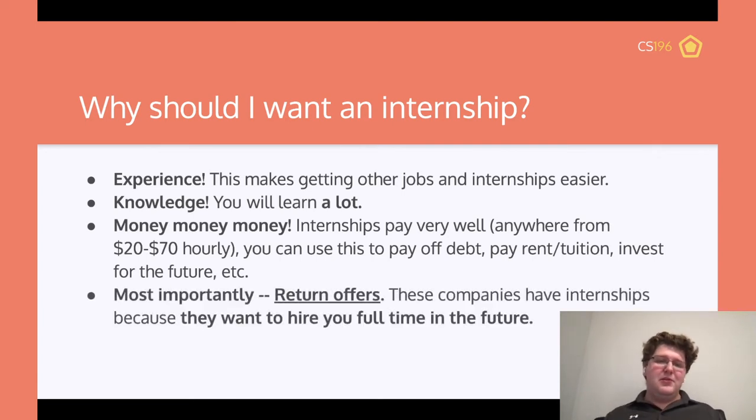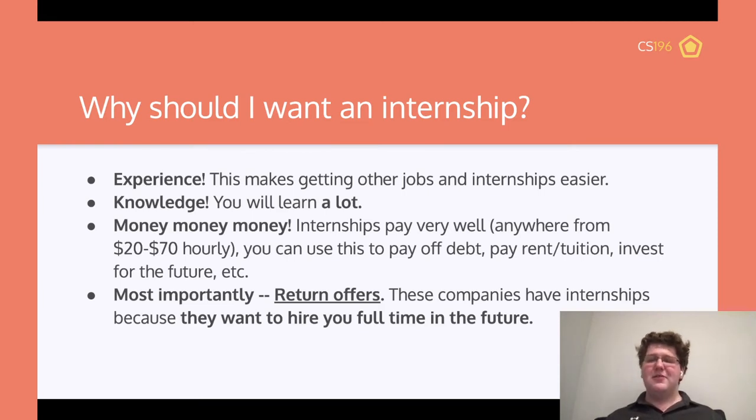And then the most important one is return offers. Companies have internships not to pay you, not to get labor for cheap, not to do any of the fun stuff, but to figure out who they want to come back as a full-time hire in the future when you graduate. And the easiest way to do that is an internship.